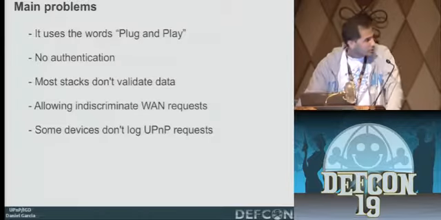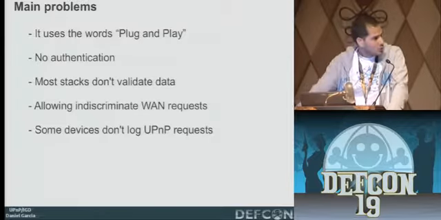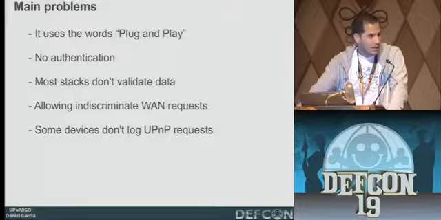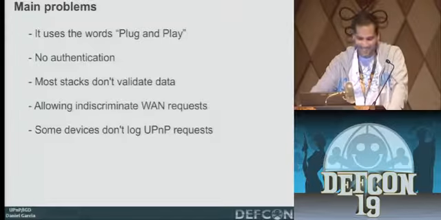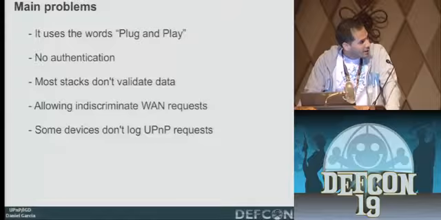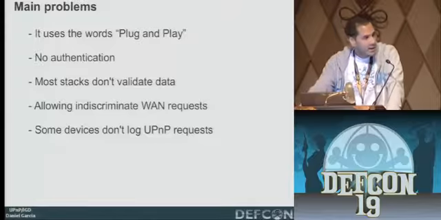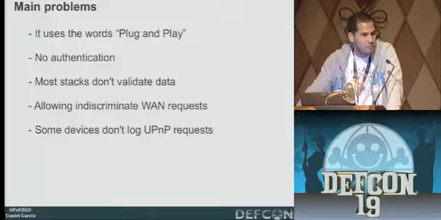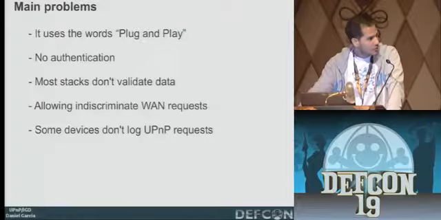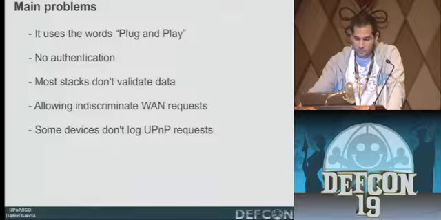To give them credit, though, in the IGD version 2 paper, they put that sentence in caps, so I guess they're making a better point now. And on the other hand, we have devices that don't even log UPnP requests. We can do whatever we want with it, and no one will ever see it because the device doesn't have the capacity of logging, which is also a bit weird.